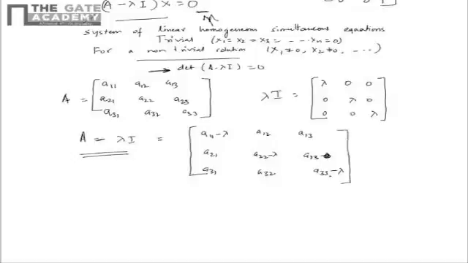Now det of this, if you set it to 0, then basically you get a cubic equation in lambda.